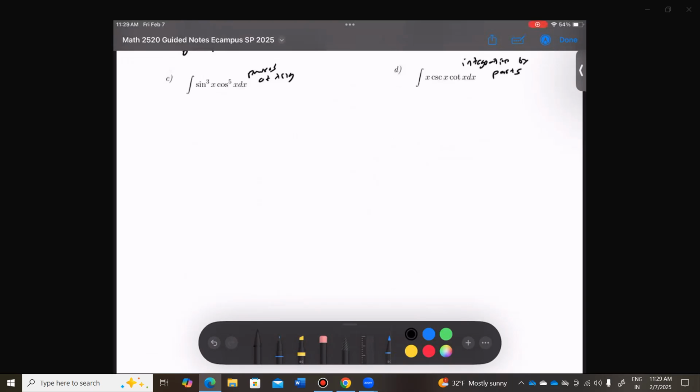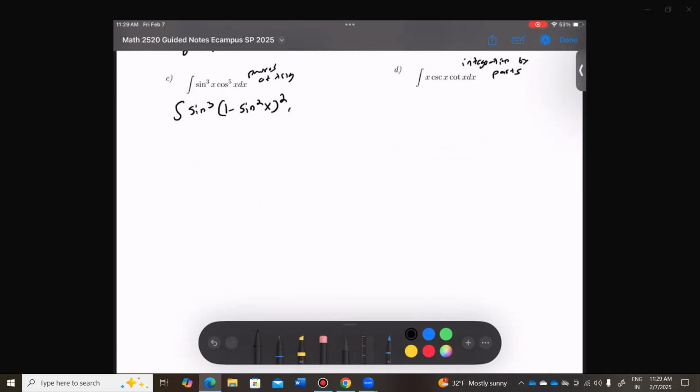So with powers of trig, we're going to leave one cosine to the side and use cosine to the 4th, and let this become sine cubed times 1 minus sine squared x. So that's your cosine squared, but then we're going to square it so it's to the fourth.